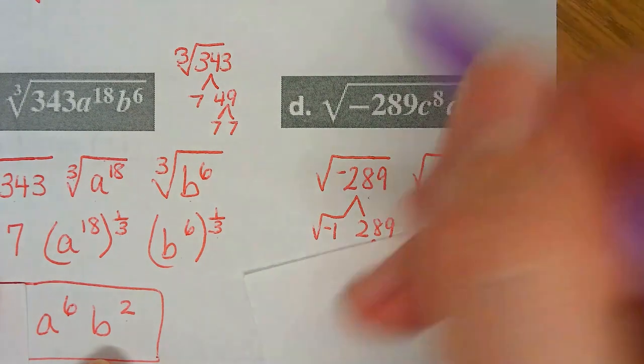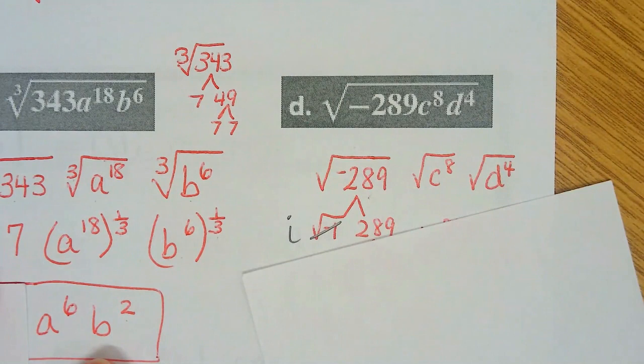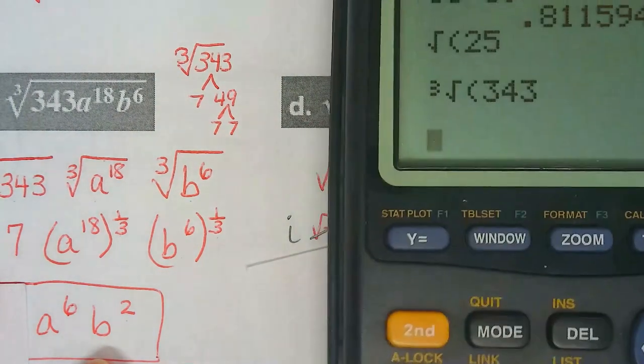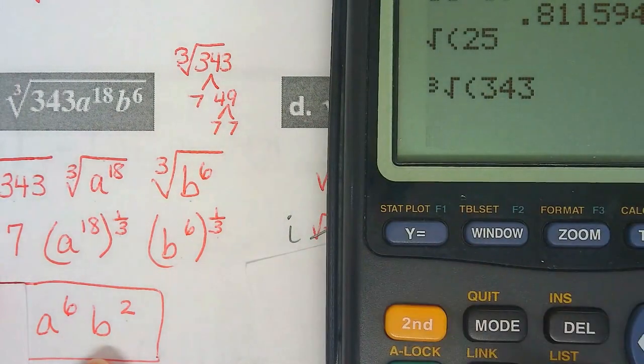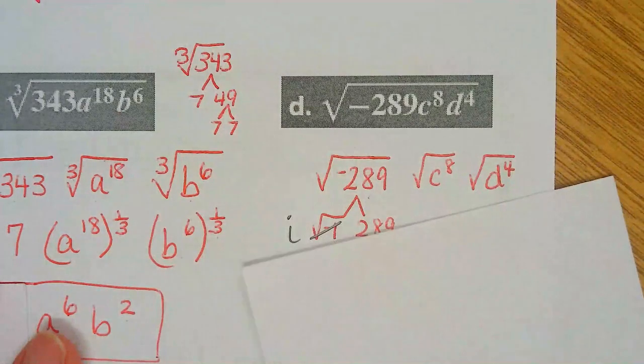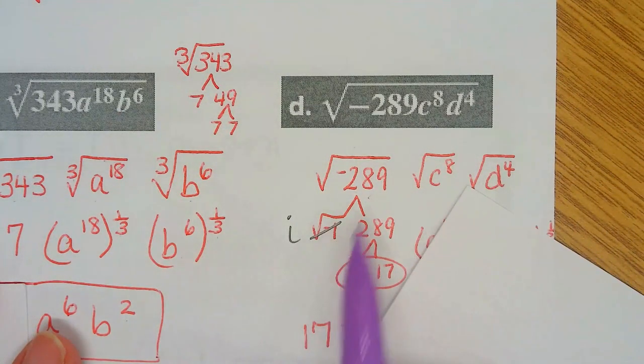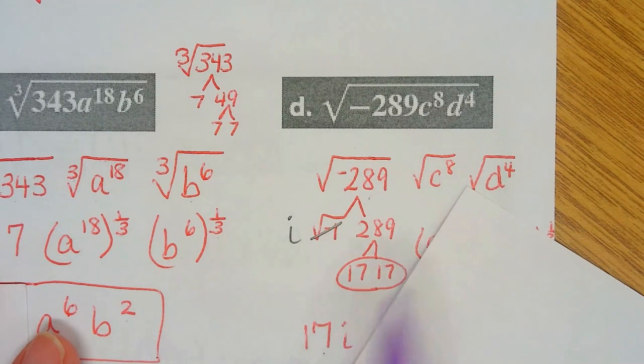Once you've done that, remember your square root of -1 is equal to i, and then you can see if you can type in the square root of 289. So second x squared, and then 289. It is a nice perfect square root, so I can type that in as 17. And so then I would have 17i from that square root of -289.